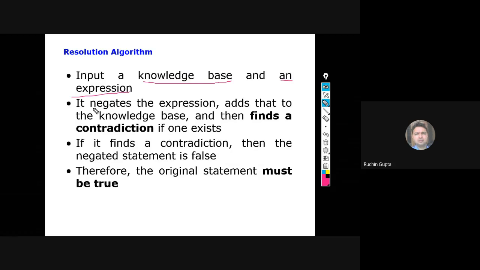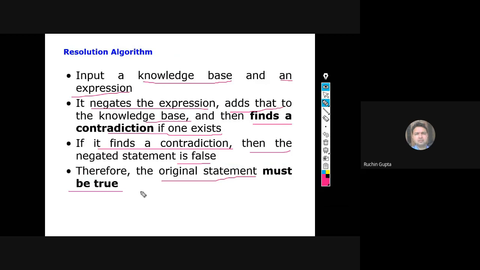So first we will negate this expression and add it into the existing knowledge base, and we will try to see whether we find a contradiction or not. If we find a contradiction, it means that the negated statement is going to be false. It means that the original statement is going to be true.